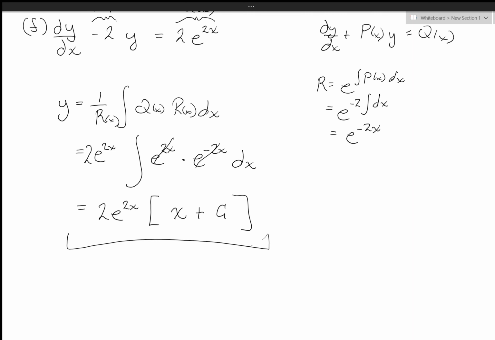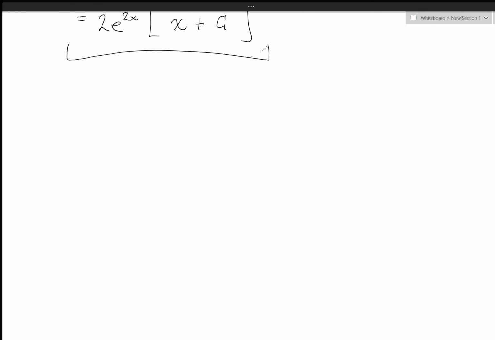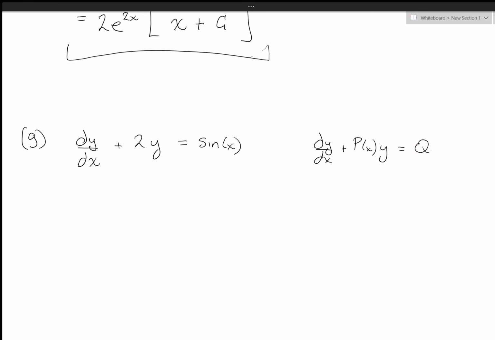Let's look at one that's a little harder to solve. So this one right here is going to be, we have dy by dx plus 2y equals sine of x. So here, again, dy dx plus p of x, y equals q of x.